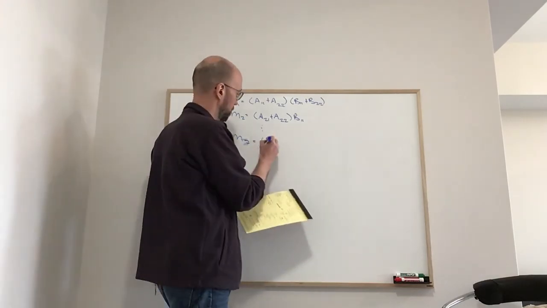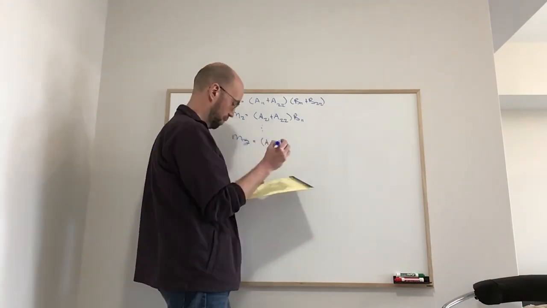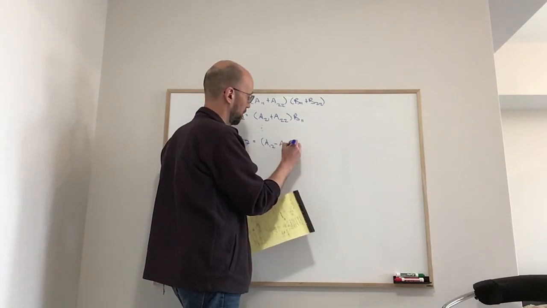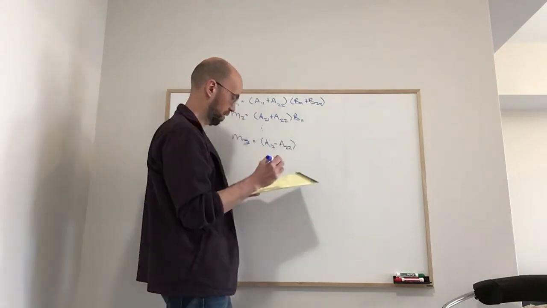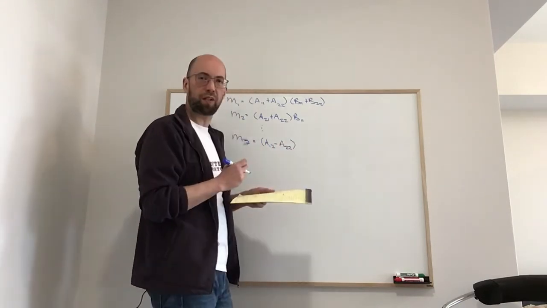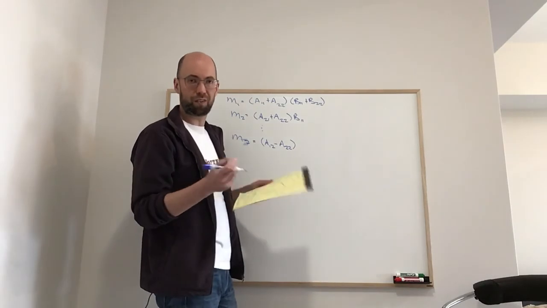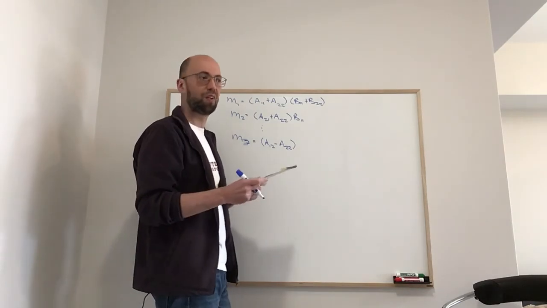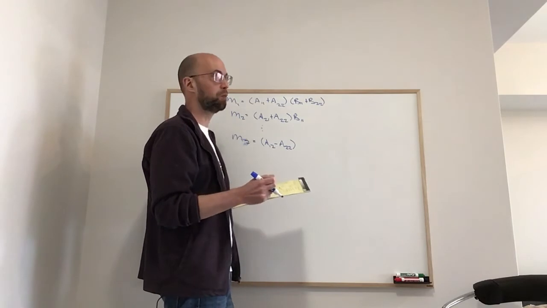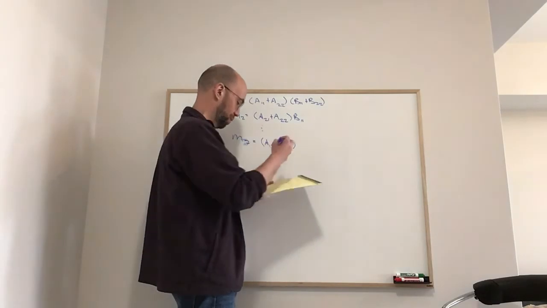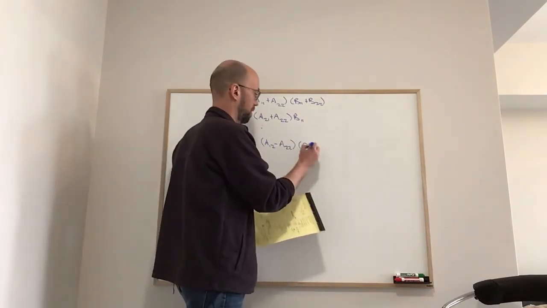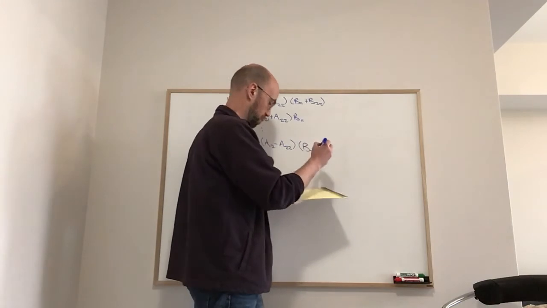M7 is A12 minus A22, times B21 plus B22. Strassen's algorithm, I think, is from 1969. So you can see he was inspired, I assume, by Karatsuba.